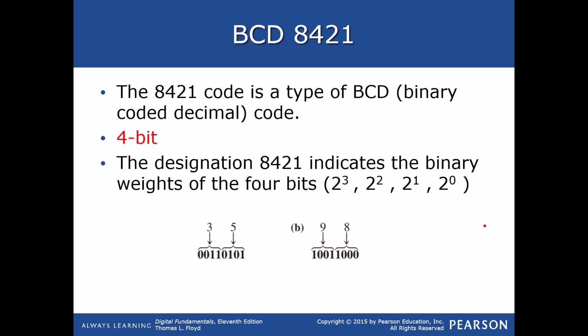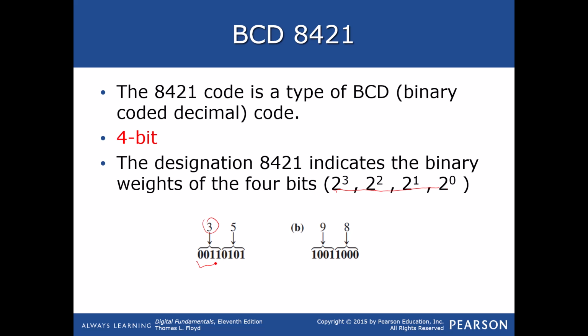One method is called 8421, which just stands for the powers, starting from 2 to the 0, 2 to the 1, and so on. So we get 1, 2, 4, 8. This is just a name. But what it really means is, if I want to represent 35, I take the equivalent of 3 and write next to it the 5.